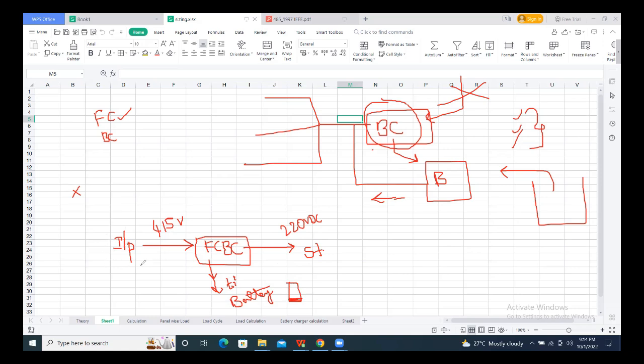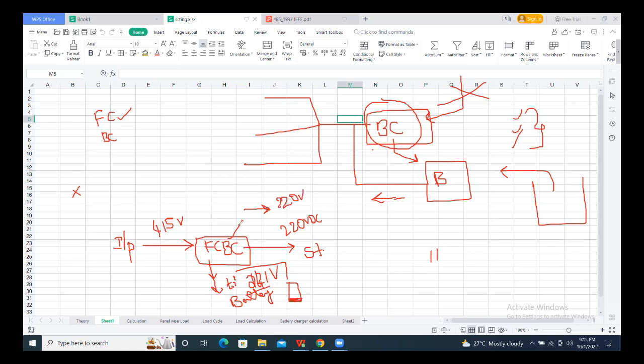When the input supply is restored, this float cum boost charger will be activated in boost mode and will give nearly 10% higher voltage to the battery: 120 volts if I'm talking about a 110 volt system, otherwise nearly 240 volts. It will make fast charging, the boost charging mode, and at the same level it will deliver 220 volts to the station load.